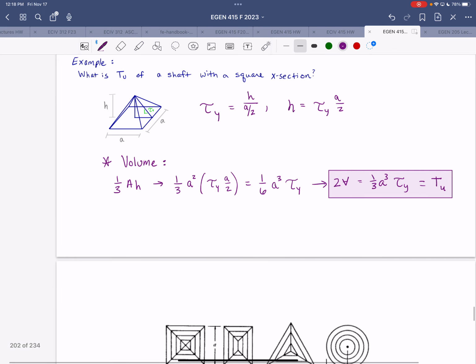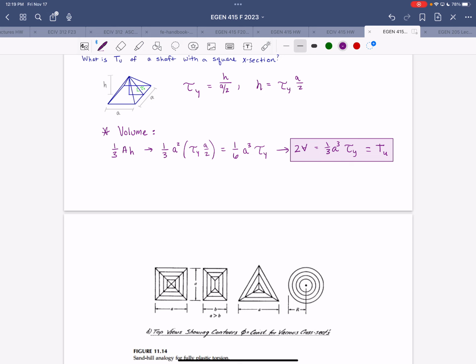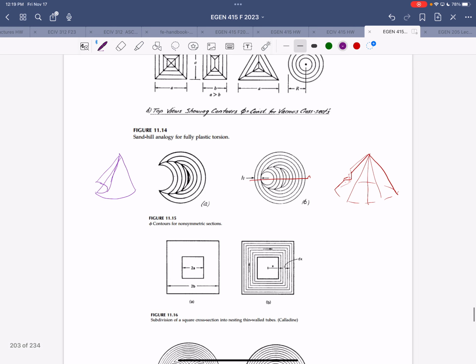And then the next page has a few sketches that show contour lines to represent the sandhill on various different shapes. And as you'll see on that page, this analogy can also be applied to cross sections that have holes or cutouts, right? So it doesn't have to be a solid shape underneath.